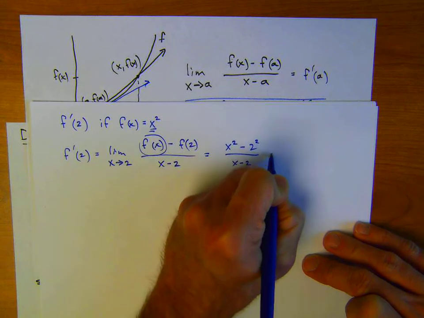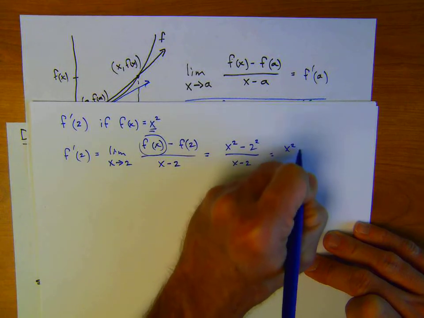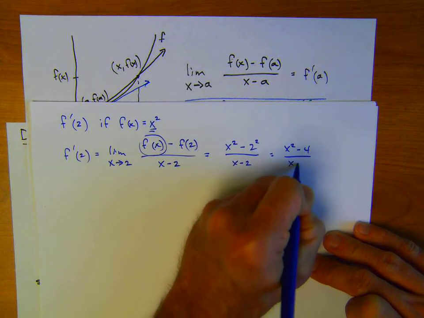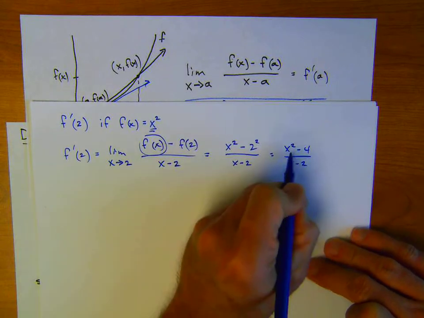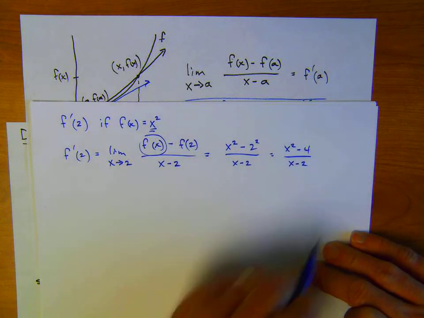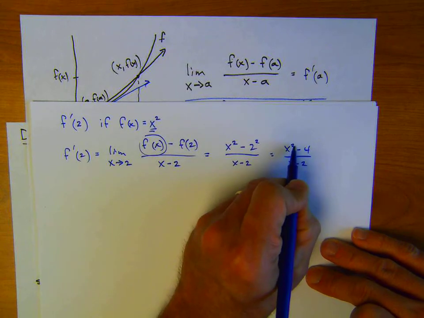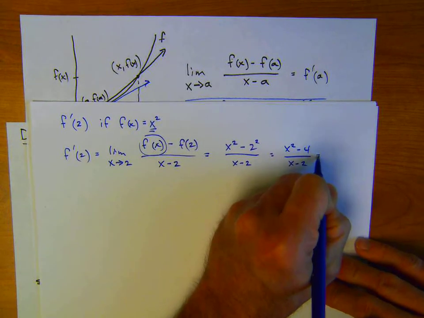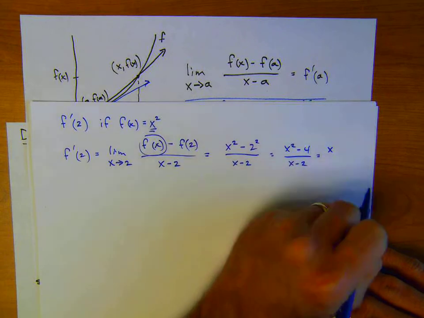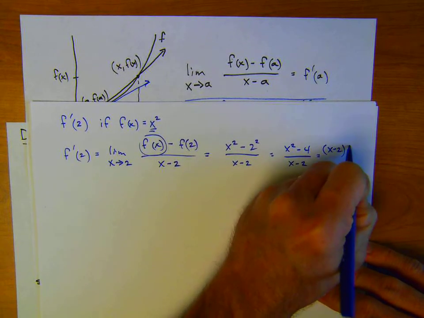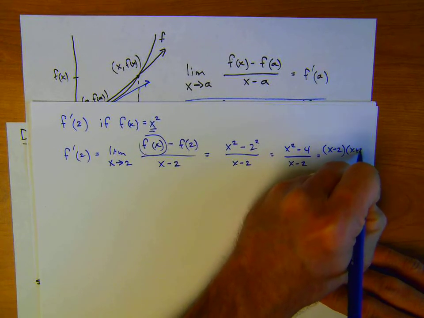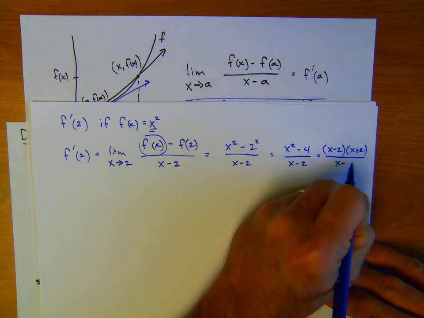So that's x squared minus 4 over x minus 2. Now I have to notice that the numerator is a difference of squares. x squared is a perfect square, 4 is a perfect square. So I can rewrite that as x minus 2 times x plus 2 over x minus 2.